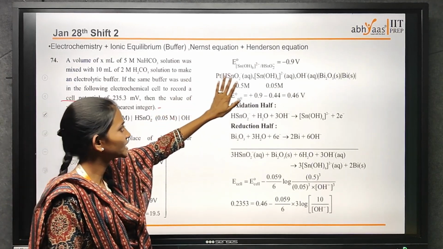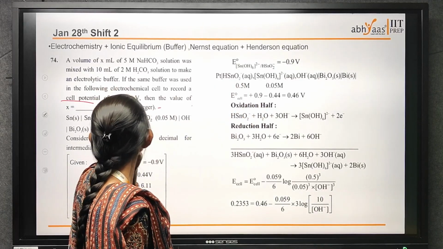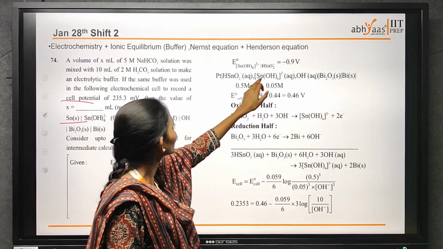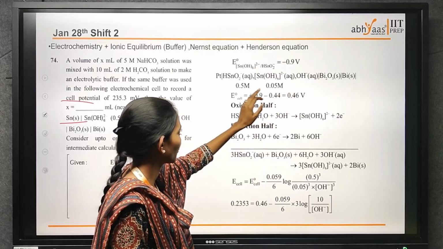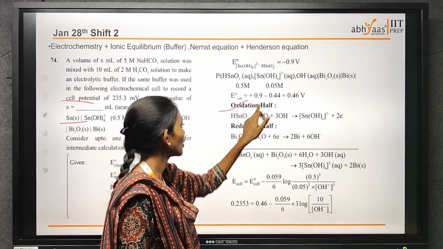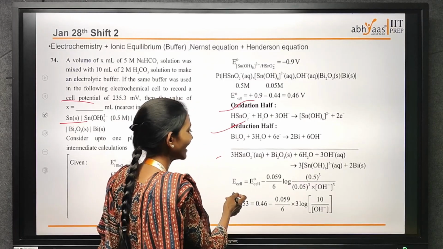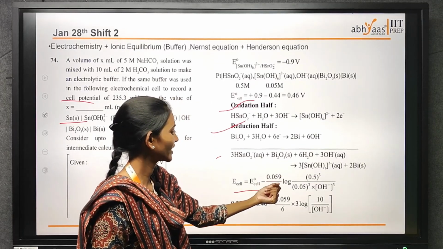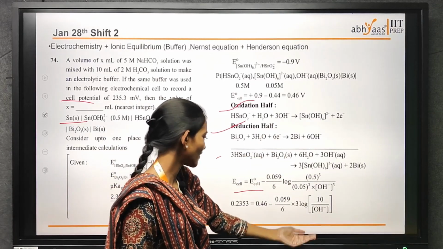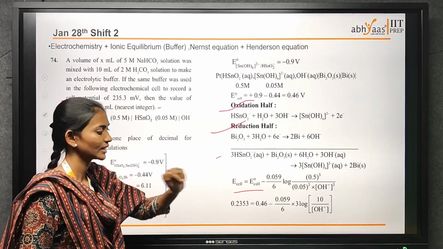Moving on to this reaction, you are getting 0.9 and minus 0.9. Upon reaction, you are doing oxidation and reduction, and then you are getting the overall value. So for your electrochemical cell, 0.59 by 6 log, if you apply the values and simplify, you are getting this much.